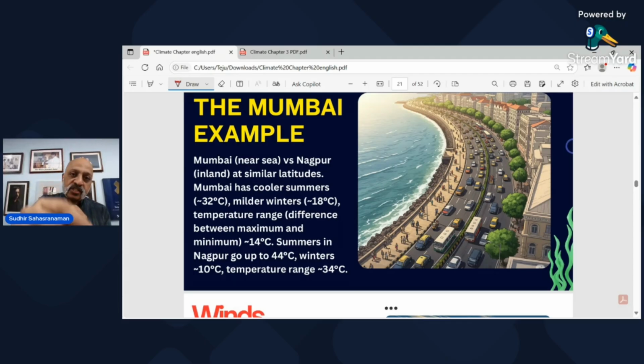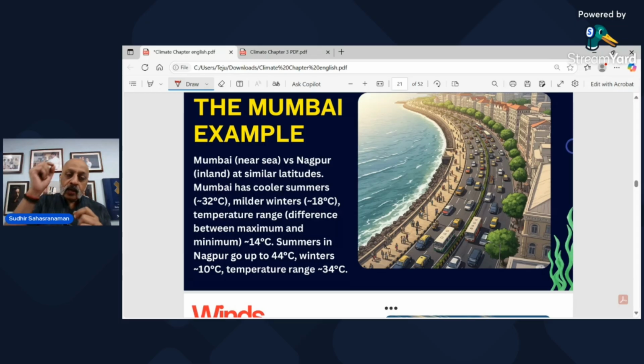Now the Mumbai example. Mumbai, which is near the sea, compare it with Nagpur, which is inside the plateau, like Nagpur, Hyderabad kind of cities. These are both at similar latitudes. I've already given you the example of Ooty versus Coimbatore. Now let's compare two other cities at the same latitude, but here the factor making a difference is not altitude but proximity to the sea.